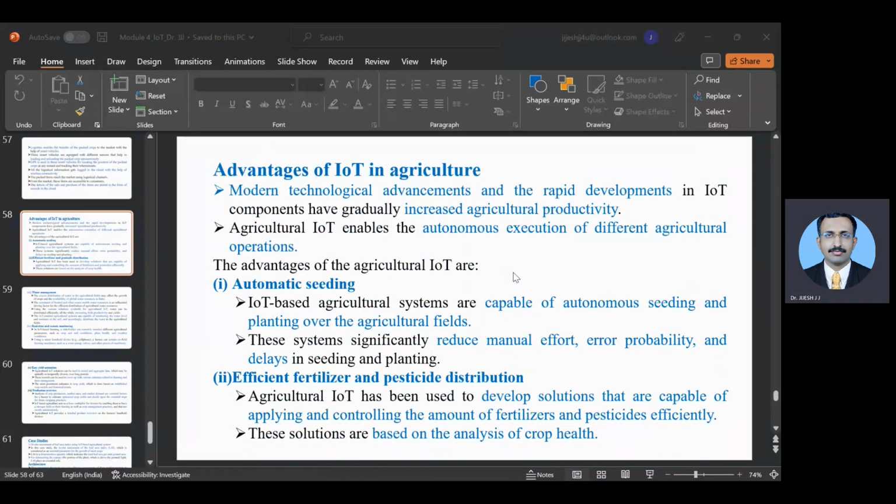So what are the things we have discussed in the previous class? You may have seen the implementation of sensors, drones, cameras, and all other IoT devices in order to make sure that your cultivation of the land is brought to the maximum extent. If you are supplying water, you should make sure that the water content is not more or less.